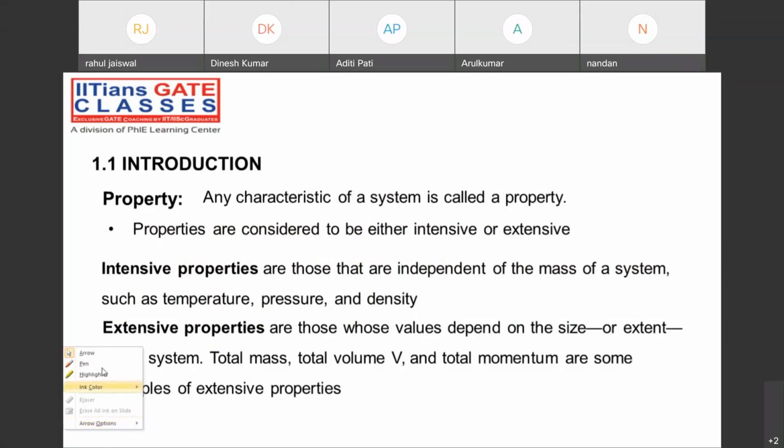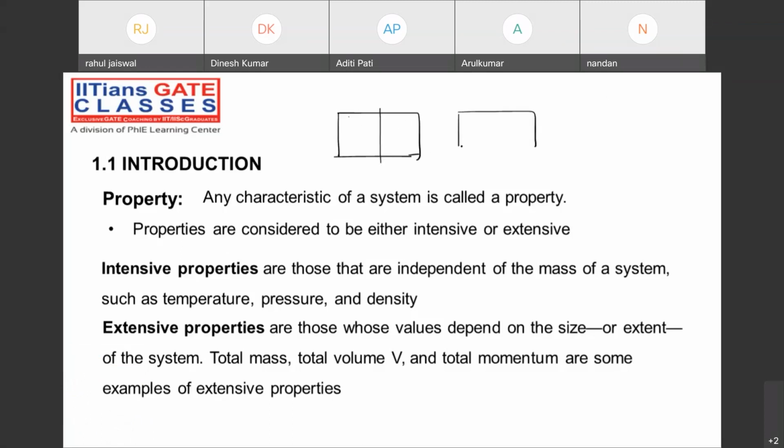What example can I give? Just observe very carefully. Let's suppose that I have a room. Here we have air molecules, suppose, right? Atmospheric air molecules are there. But suddenly what I did, I divided this room into 2 equal segments. Whatever the pressure and temperature were before, let's say P and T, after dividing, we cannot say it's P by 2, T by 2.